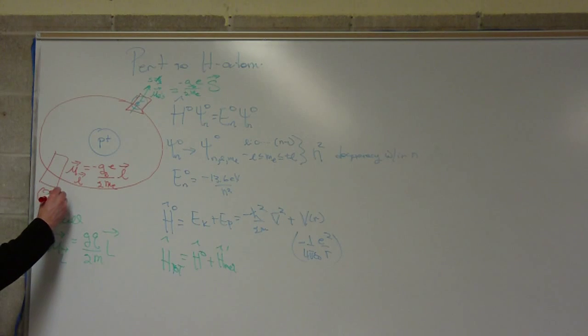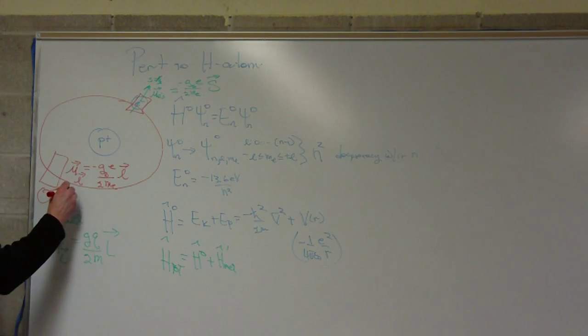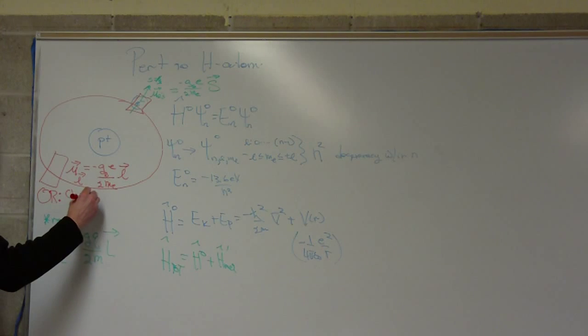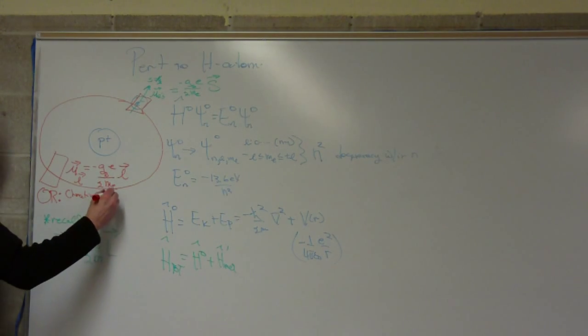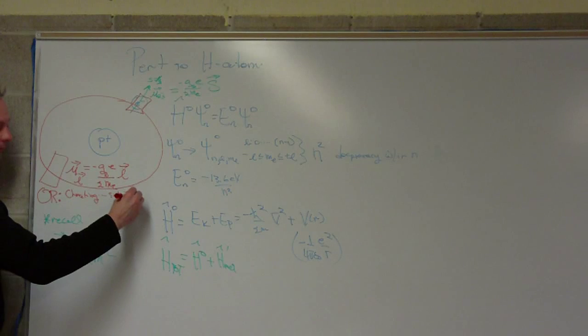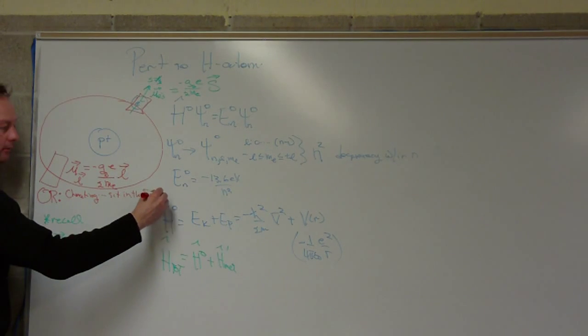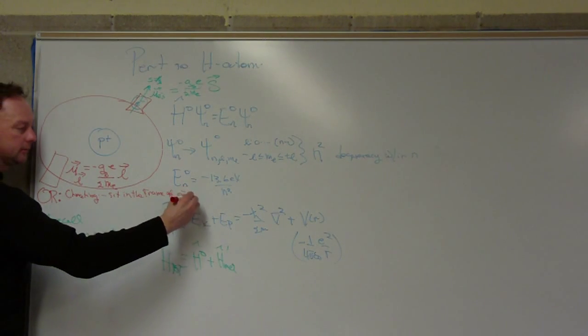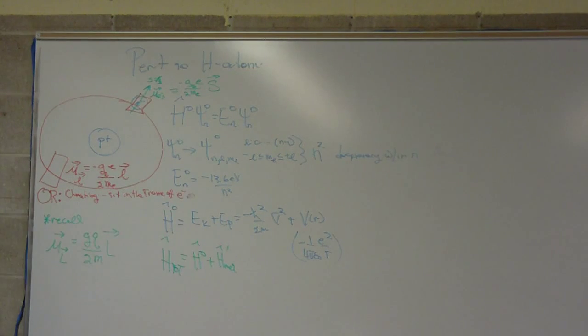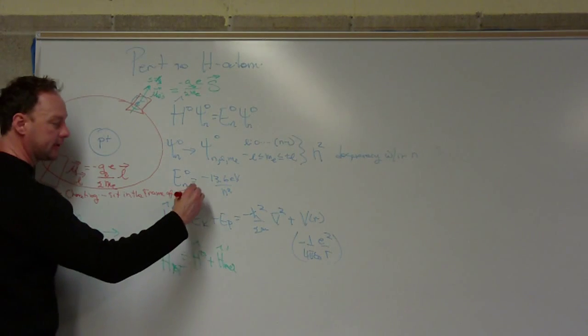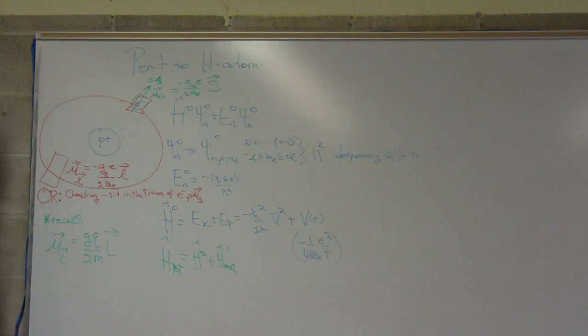Or, how about this? And this is cheating. Sit in the frame of the electron. If I sit in the frame of the electron, then I have a mu s. But in the frame of the electron, the whole atom is kind of going around me.